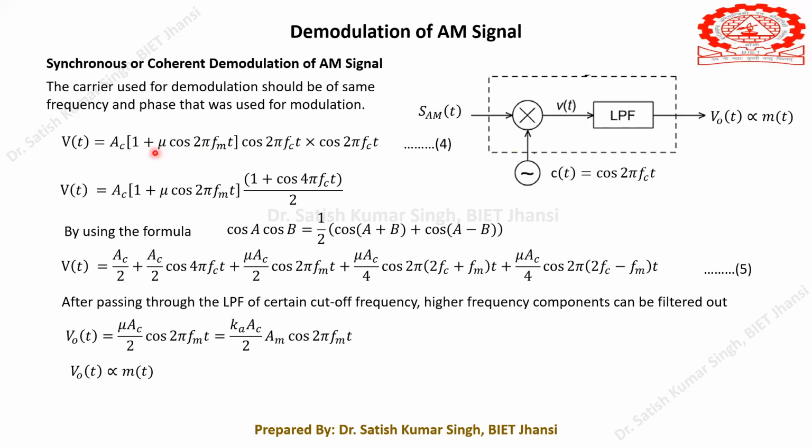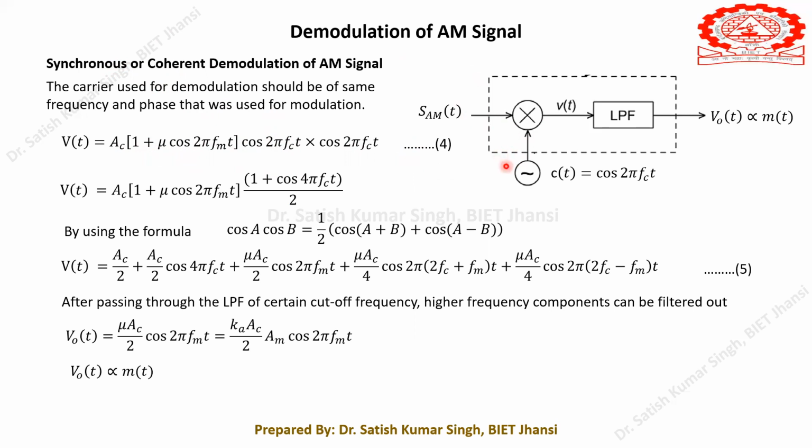This was our basic equation, in which we used the carrier A_c cos 2πf_c t. In the synchronous or coherent demodulation scheme, we have to use the same carrier at the receiver end also. Demodulation has to be performed at the receiver end.